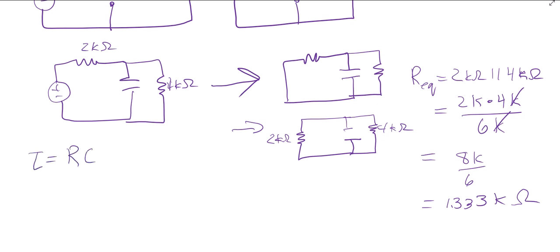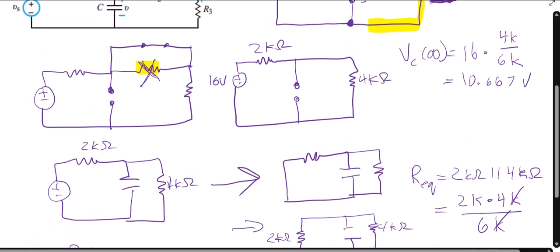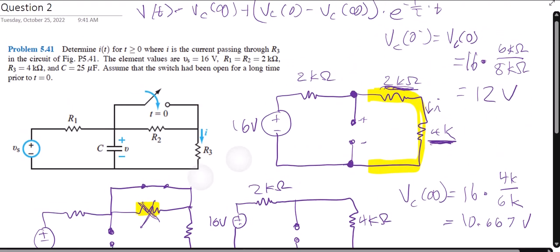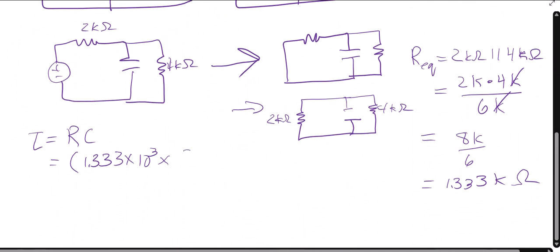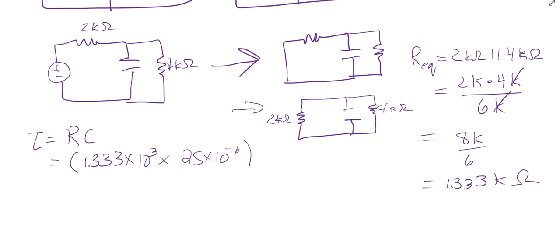So that means my time constant, which is RC, is 1.333 times 10 to the third times my capacitance, which was 25 microfarads. So 25 times 10 to the negative 6.